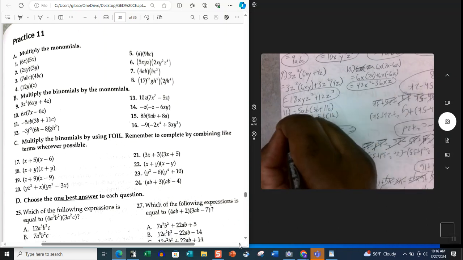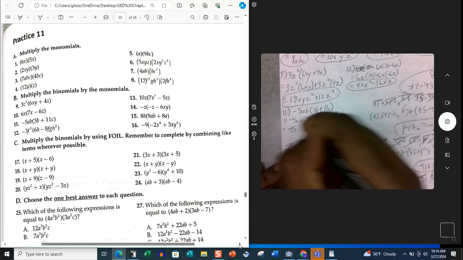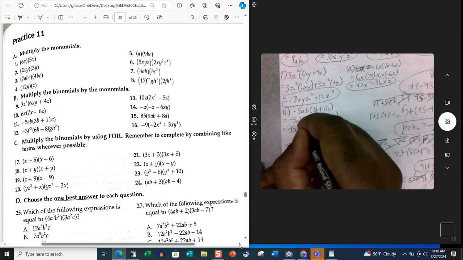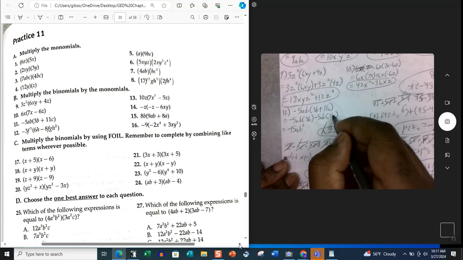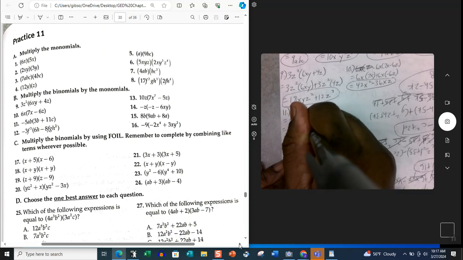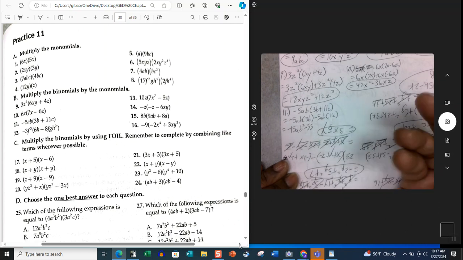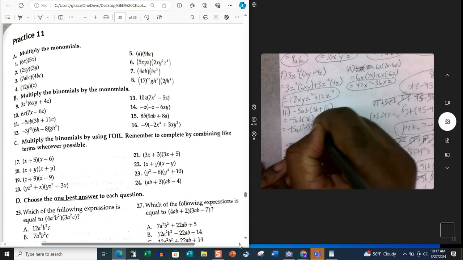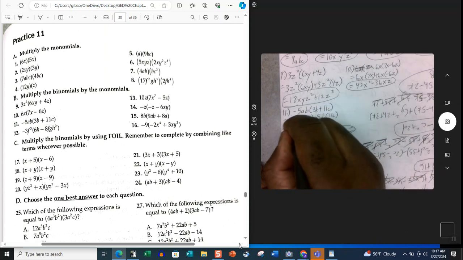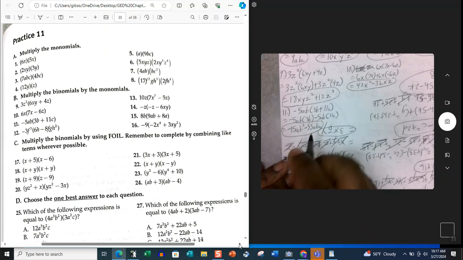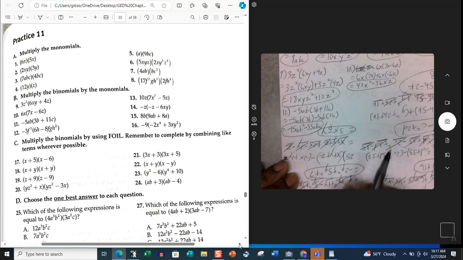So negative 5 times 3 is negative 15. We only have one a here, and b times b is b squared. Negative 5 times 11 is a negative 55. And then here, we have a, b, and c. None of them match up, so it'd be a, b, c. So this right here is your final answer, because none of these have anything in common. So we're done with that.